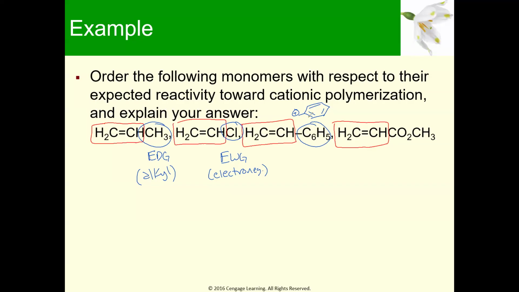This pair of electrons can move up and form a double bond there, and that would put the positive charge on this carbon, which could move this double bond to here and put the positive charge on this carbon, which could push the electrons here and put the positive charge there. So you can see this one has lots of resonance. And so I'm going to definitely call that one an electron donating group because it will stabilize that carbocation mostly through the resonance forms. Lots of resonance forms when I have that phenyl group.